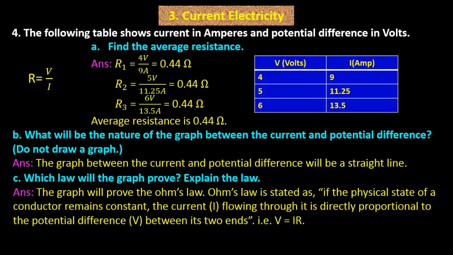Answer: the graph will prove Ohm's law. Ohm's law is stated as: if the physical state of a conductor remains constant, the current I flowing through it is directly proportional to the potential difference V between its two ends, as V = IR.